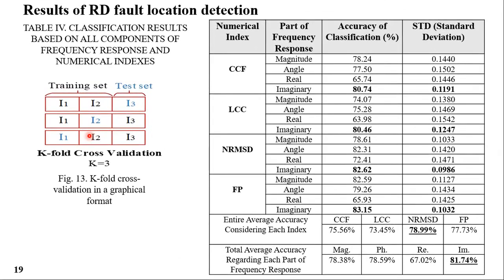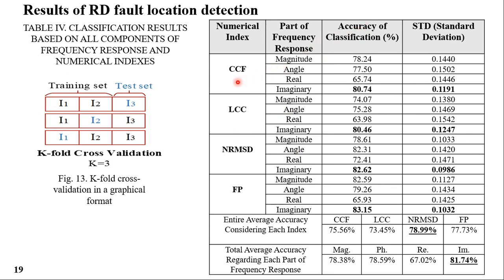So finally we have the results of the classification regarding the statistical indices used in this study, and also the different parts of the frequency responses, and the accuracies of the test results for ANN.